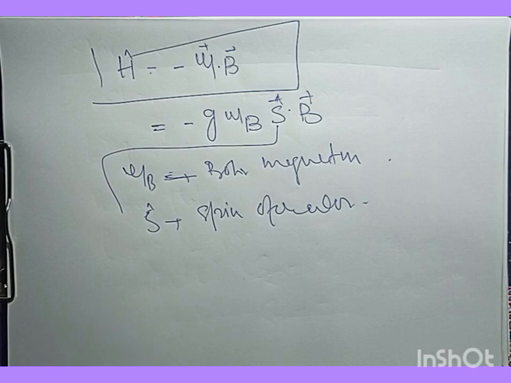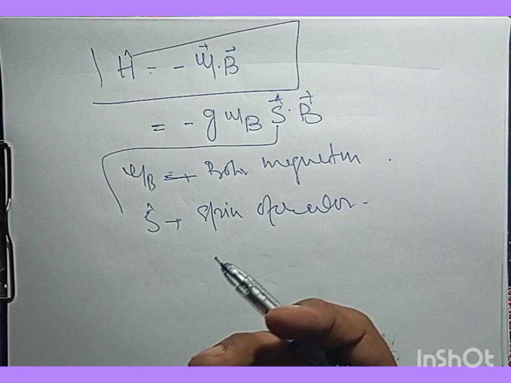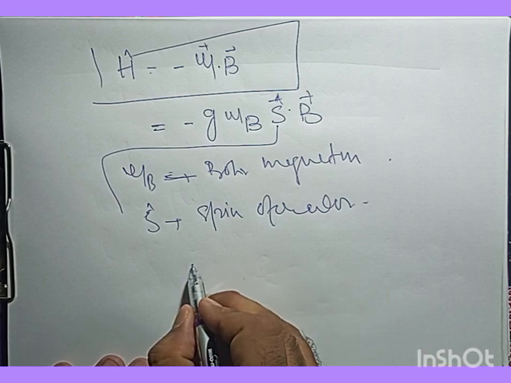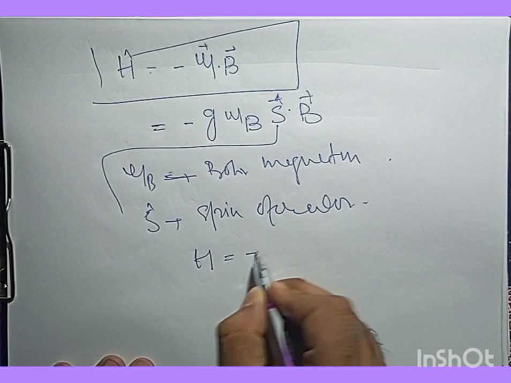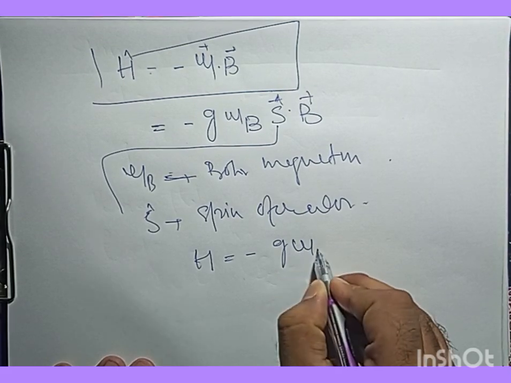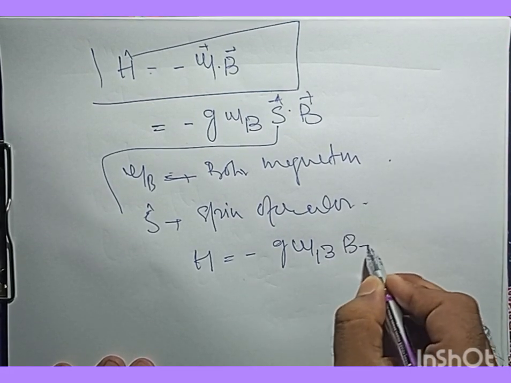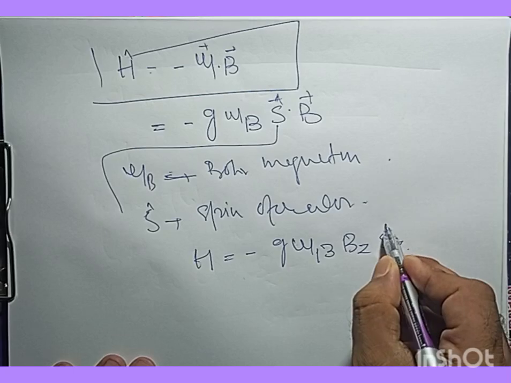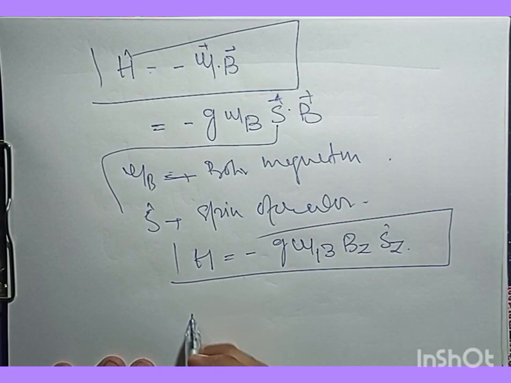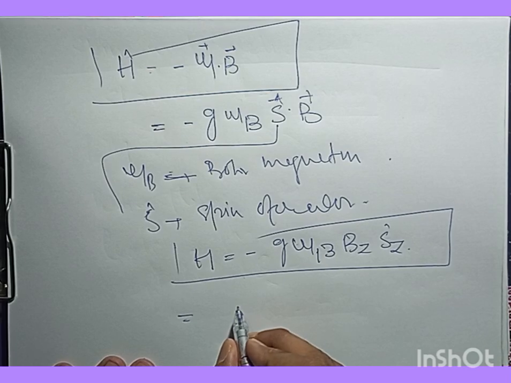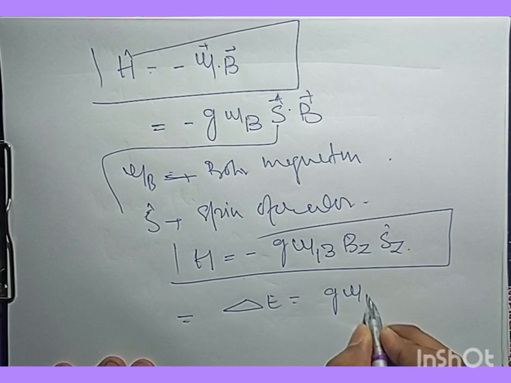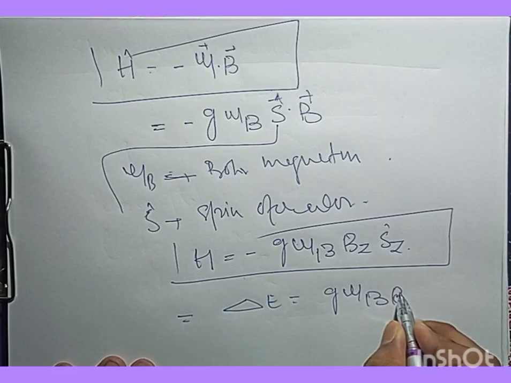So the magnetic field is aligned along the z direction, and we have the Hamiltonian in the z direction as minus g mu B B z and S z. All right, and the energy, the exchange energy, is given by g mu B and B z.